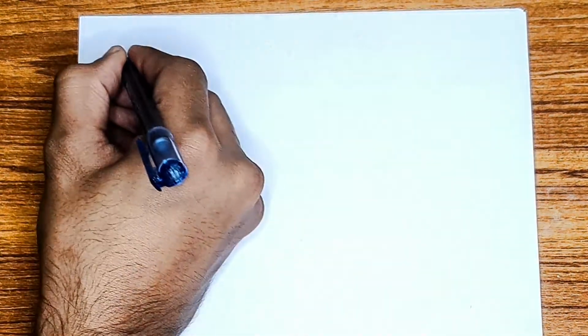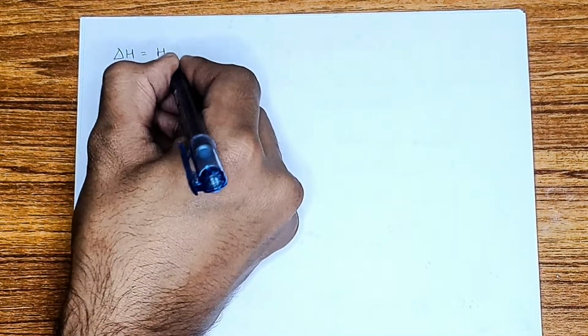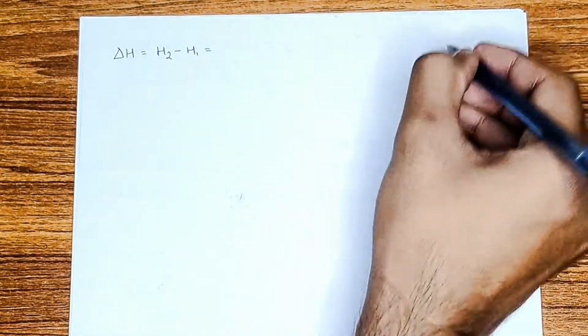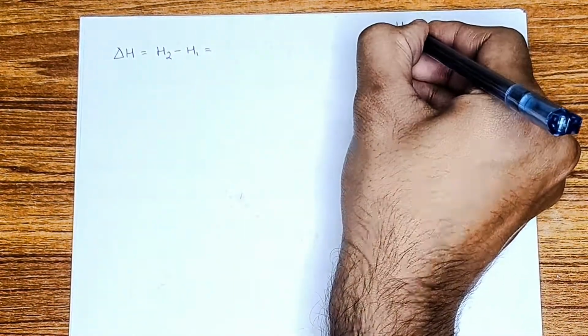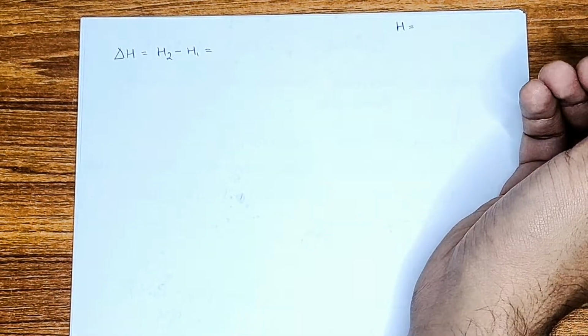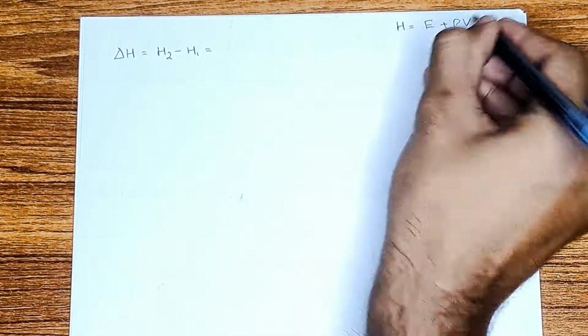Okay, so as you know that we cannot measure the absolute value of enthalpy, we have to measure the change in enthalpy. And let's just say that the change in enthalpy delta H is equal to H2 minus H1. First of all, let me write the value for enthalpy that we have just calculated from the first law of thermodynamics, and that was equal to E plus PV.